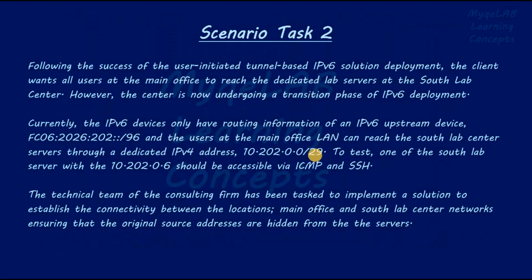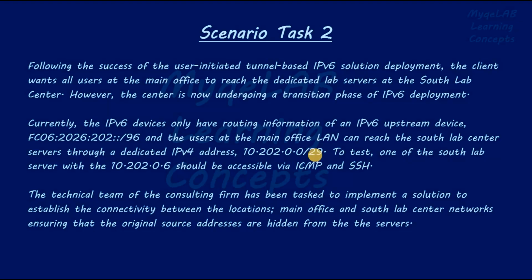Okay, so I believe that you have read through, and if you don't understand how to go about this, I would explain it quickly. So the scenario here is also telling us the other part of the requirement which this client needs. And now it's on another lab center, which is the South Lab Center.